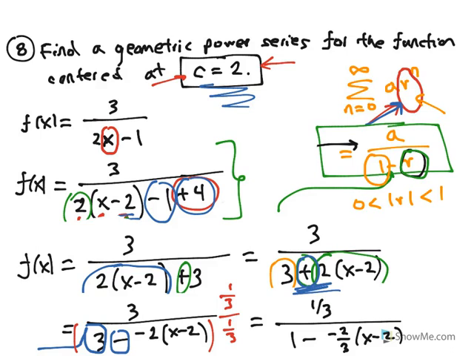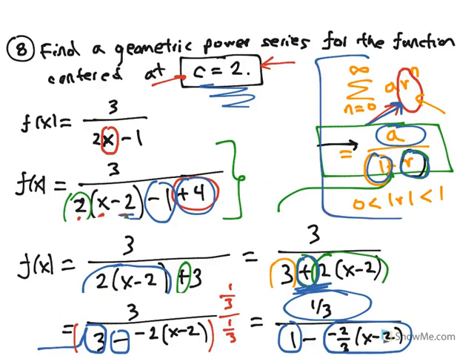And as you can see, we now have our function written in the form a over 1 minus r. So now we're able to represent our function with the geometric power series using the theorem that we learned in section 9.2 about the convergence of a geometric series.